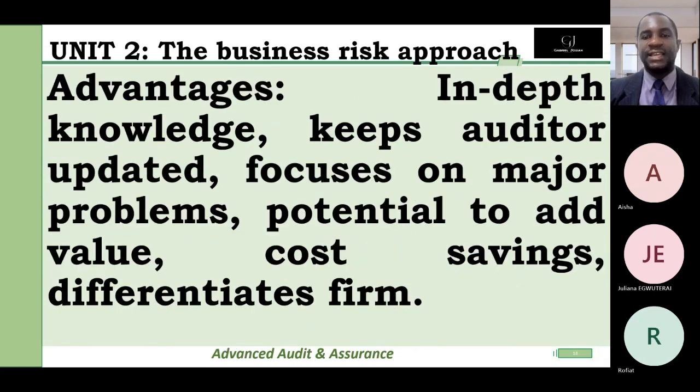And the advantage is that in-depth knowledge keeps the auditor updated and he focuses on major problems bedeviling the company or the client. And it culminates in adding value. You add value by solving problems, profiling solutions. The value proposition is what you bring to the table as an auditor, not just sitting to provide an opinion, but also looking at the future of the company.